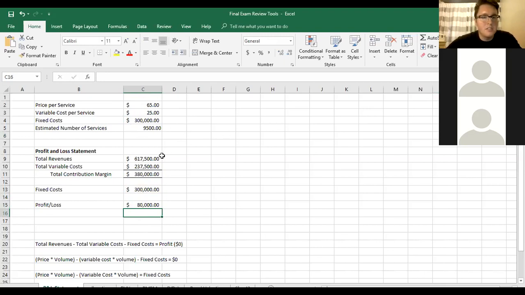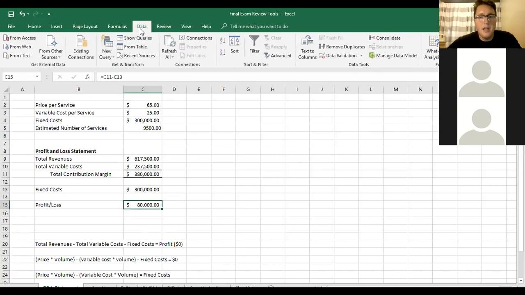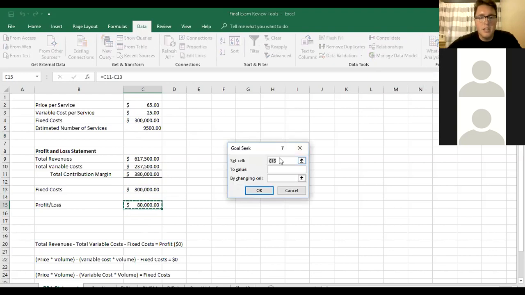So if I want to solve for volume break even, so I'm just going to make $0, I can use, under the Data tab, What-If Analysis, and Goal Seek, and that will find it for me.